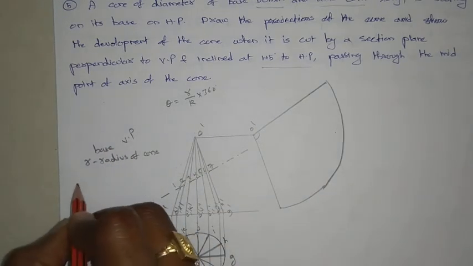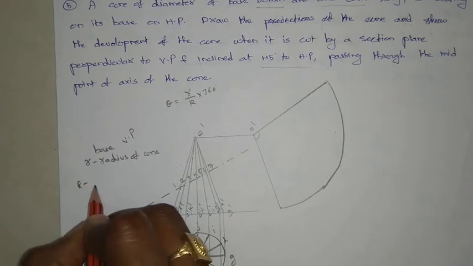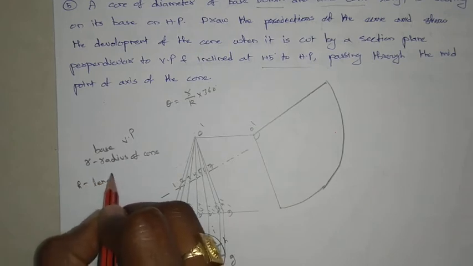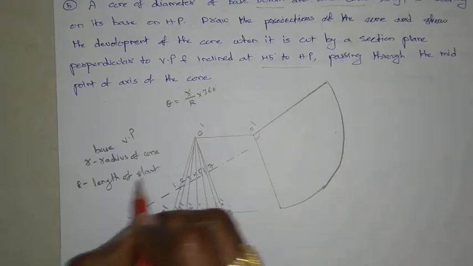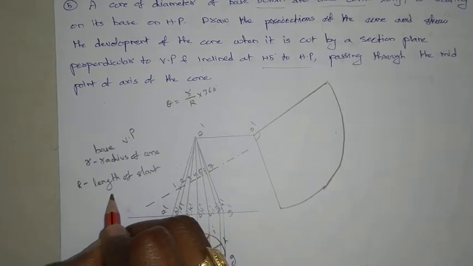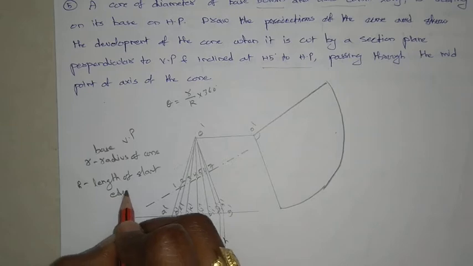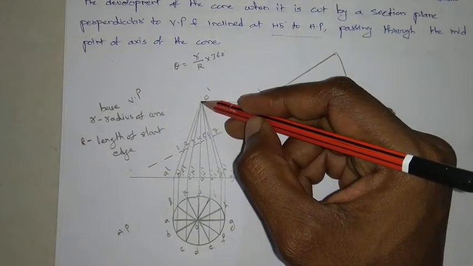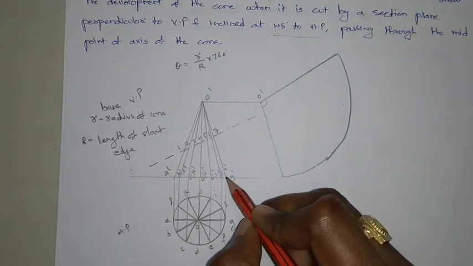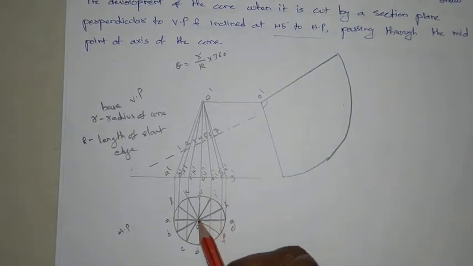And what is capital R? Length of slant edge. So this is the distance from O to G is the capital R, and this is small r.